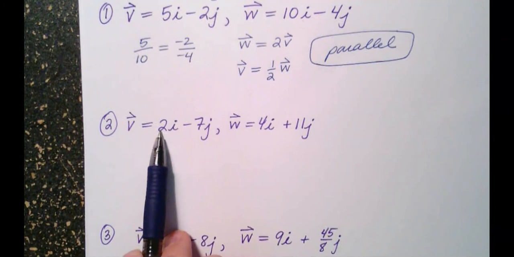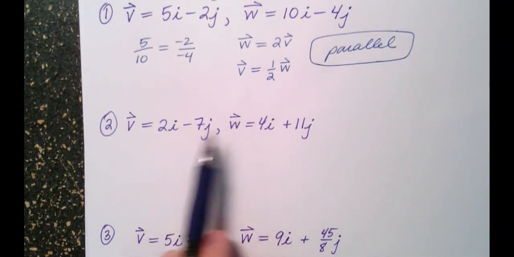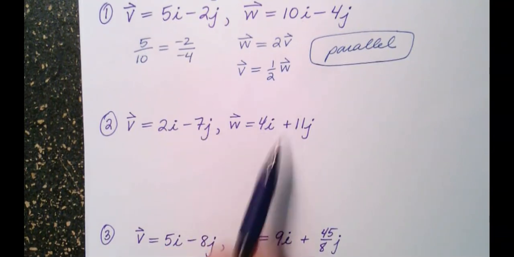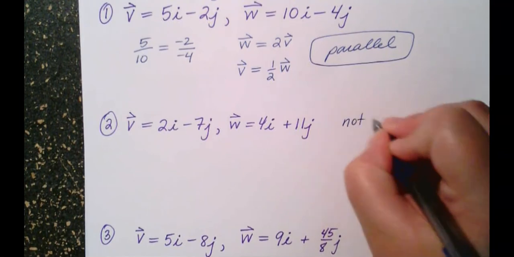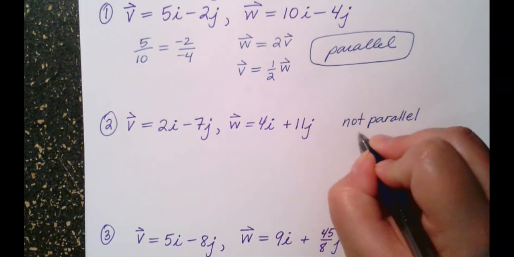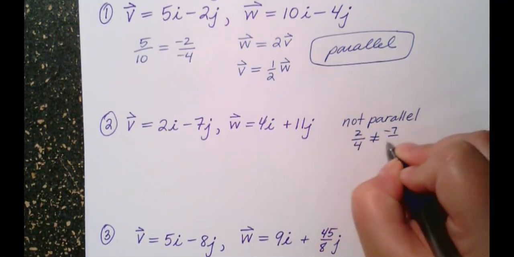To go from 2i to 4i, this is twice as big. 2 times 2 makes 4. So does 2 times negative 7 equal 11? No. So these are not parallel. And you might have to explain that, though very often you don't. But you could say 2 over 4 is not the same as negative 7 over 11.